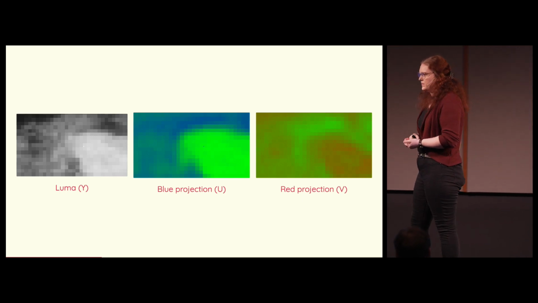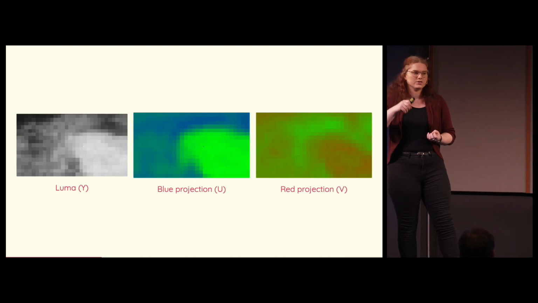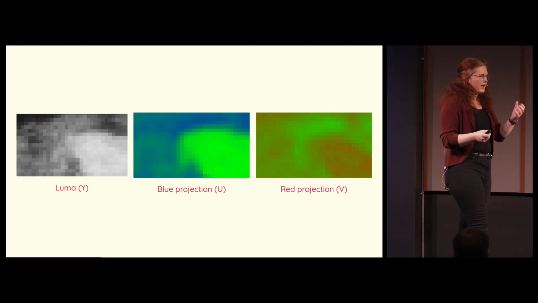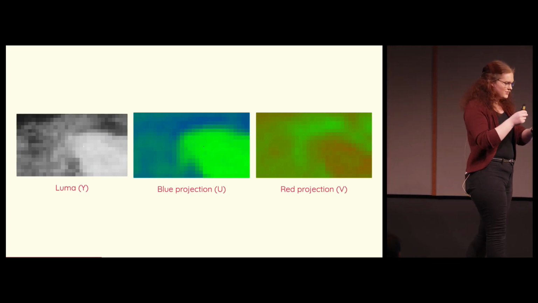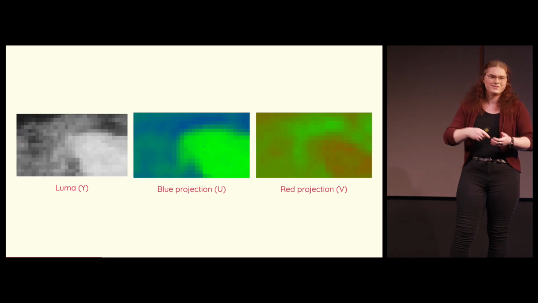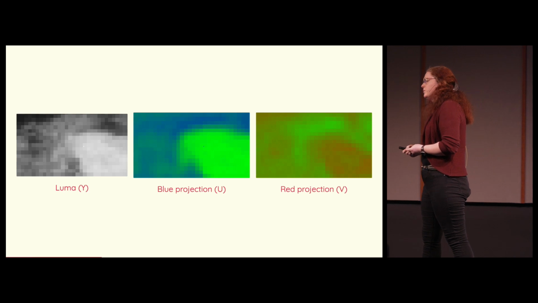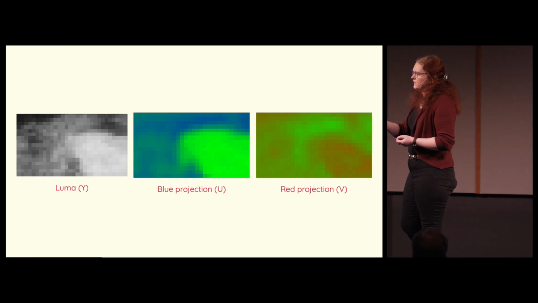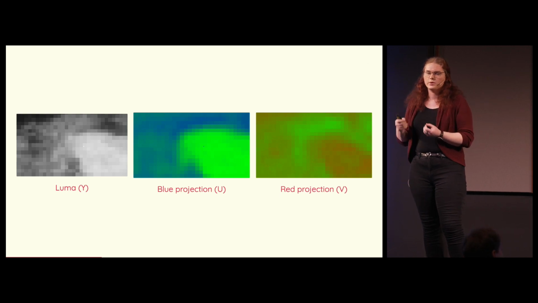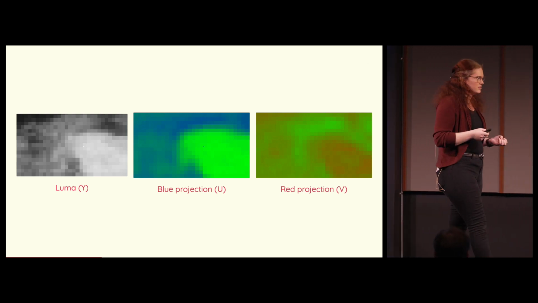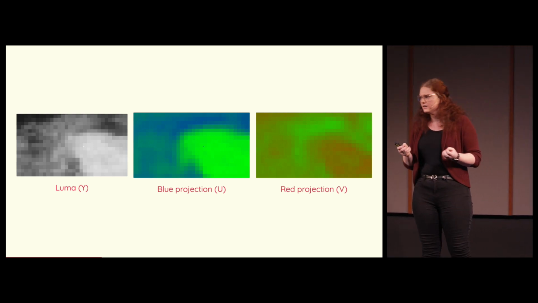The con that you get with this is that you need another step at the end to actually display the image on your screen, because how screens work in the physical space is that they have a physical red, green, and blue component, a bit dependent on what kind of screen you have. But storing the image in this color space means that we can take a lot of shortcuts in the digital space, meaning it's easier to compress it and save data.